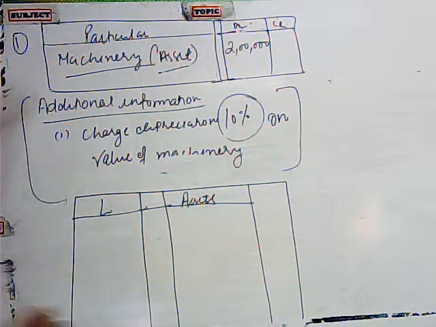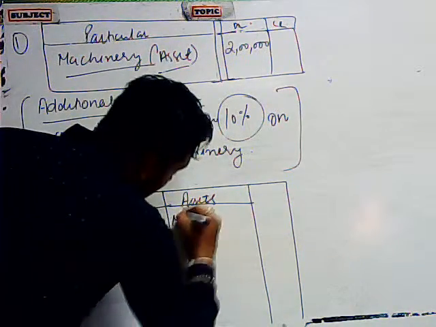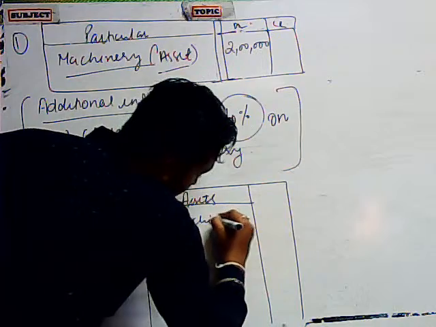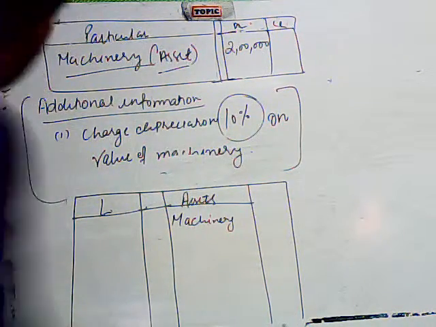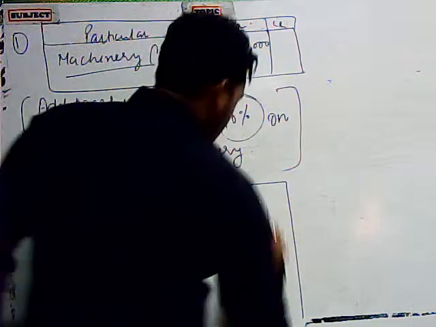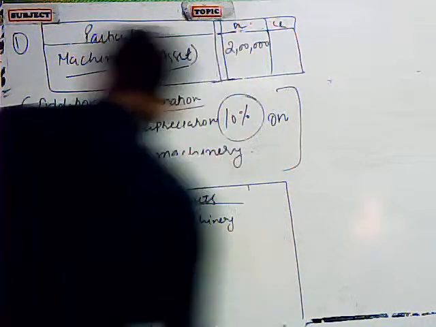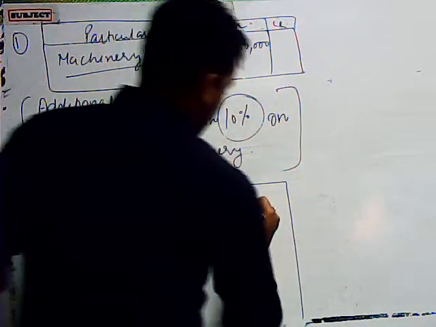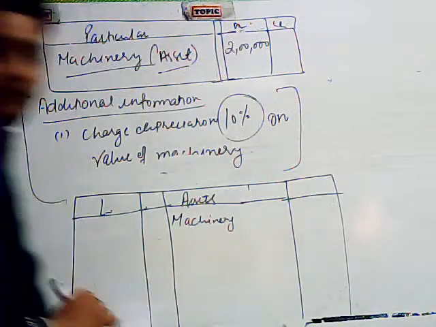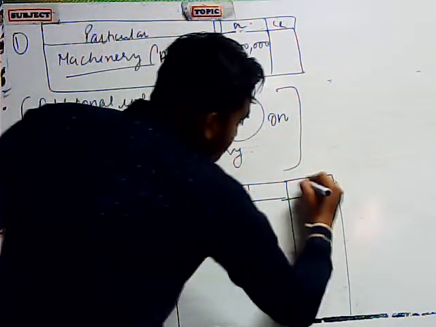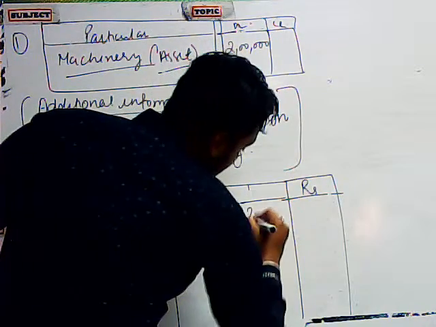Under the assets we write machinery, and the value of machinery is 2 lakh rupees.